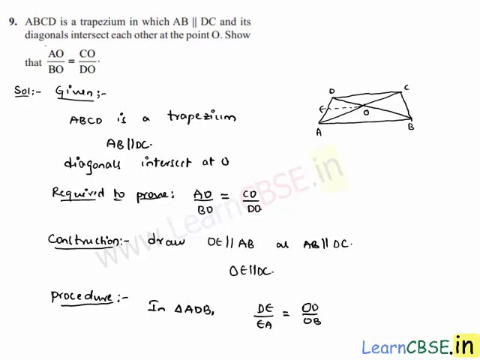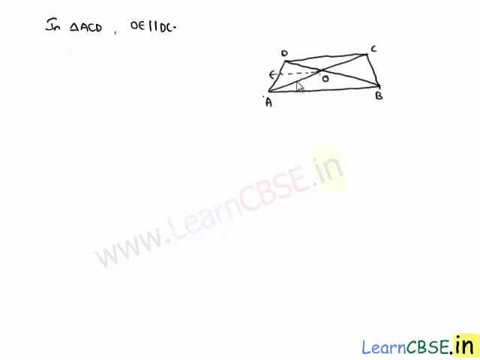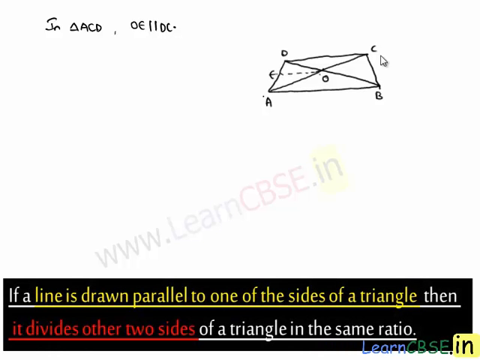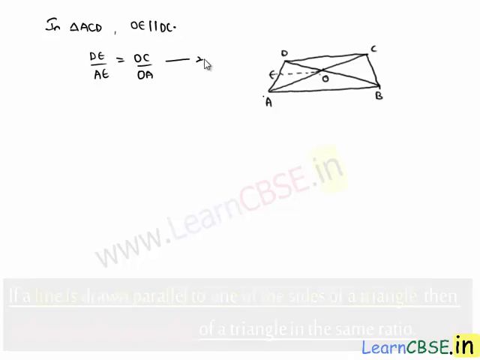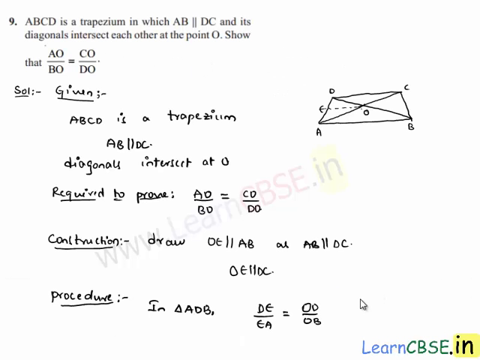Let it be as equation number 1. Secondly, similarly, if we consider the triangle ACD, OE is parallel to DC. From basic proportionality theorem, as OE is parallel to DC, we can say that DE by AE here will be equal to OC by OA. Let it be as equation number 2.